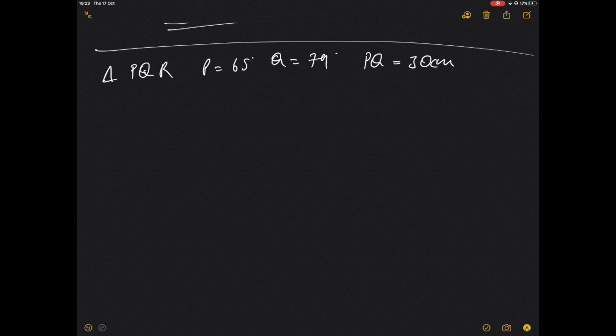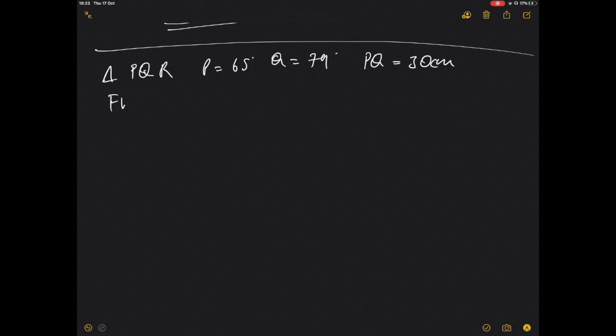So just one quick example, and I might say in the exam: in the triangle PQR, given that P equals 65 degrees, Q equals 79 degrees, and PQ equals 30 centimeters, find its area.